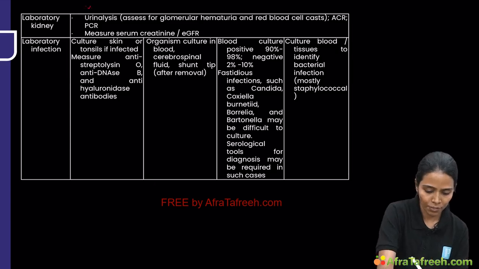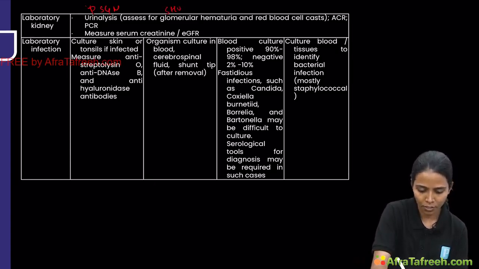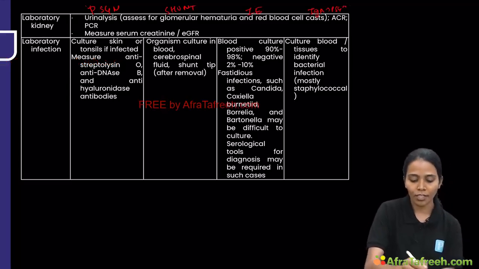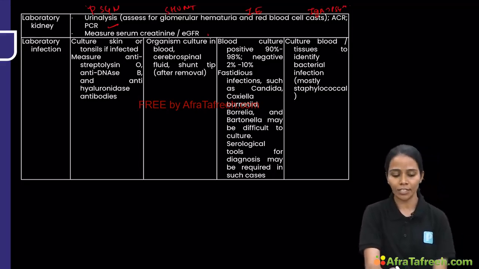Again here, PSGN. This is going to be shunt. This is going to be infective endocarditis, and this is going to be IgA dominant PSGN. Okay. So, laboratory, you're going to ask for urine analysis, urinary PCR, and you're going to measure serum creatinine and EGFR.